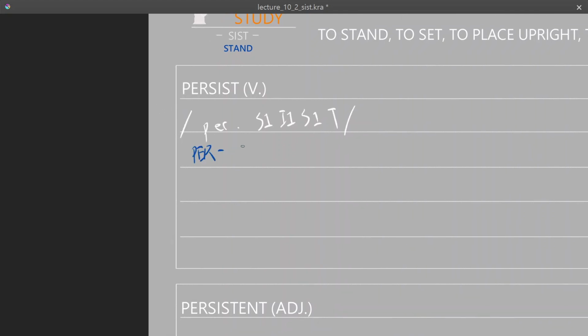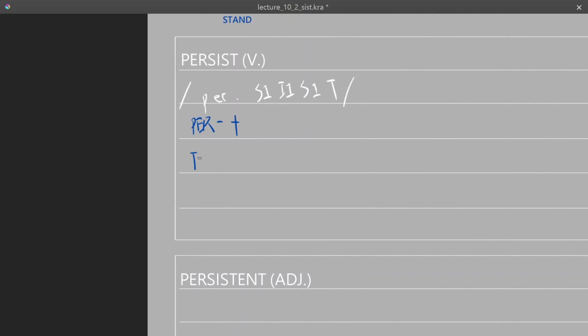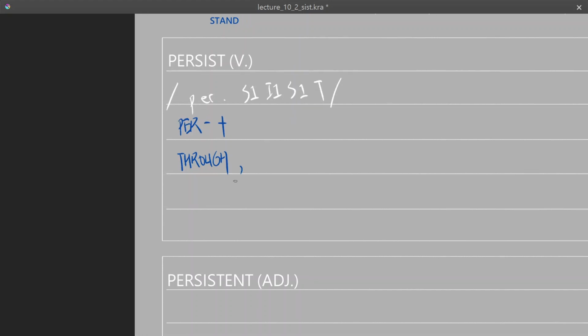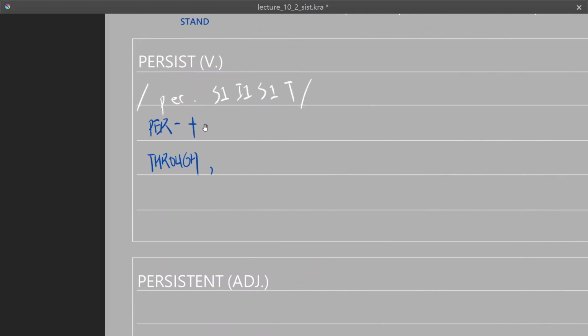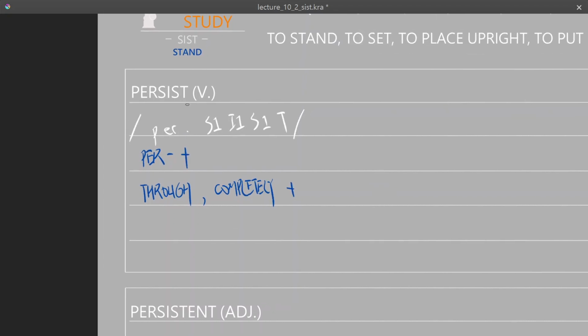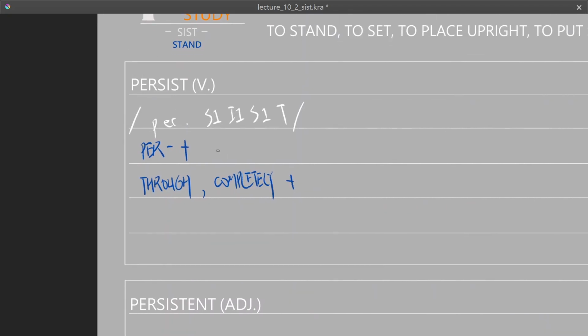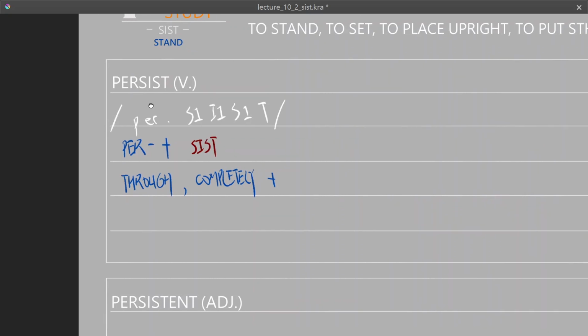Remember per meaning through, or as an intensifier, it means completely. And we have the root, SIST, meaning to stand.